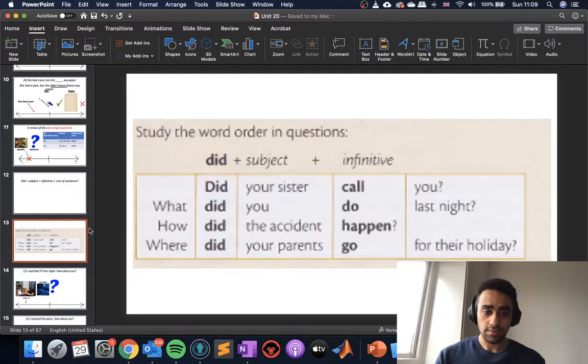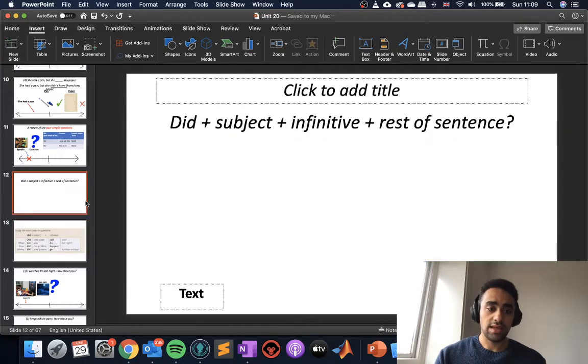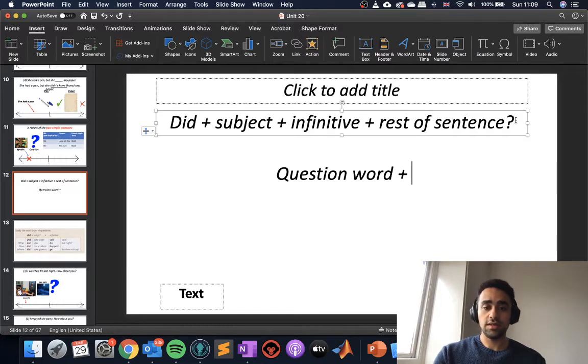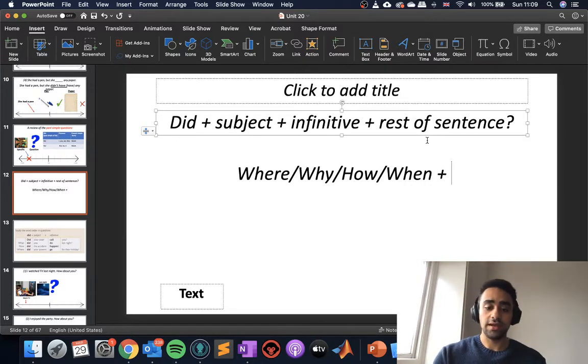So we have our word that we are asking the question with, like where, why, how, when, and then the rest is similar to here.